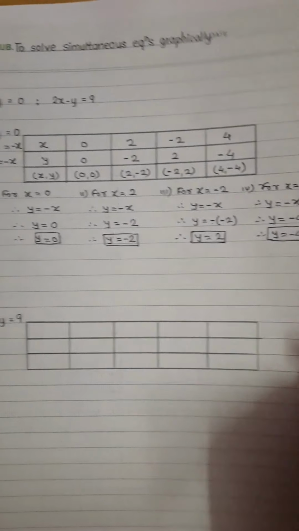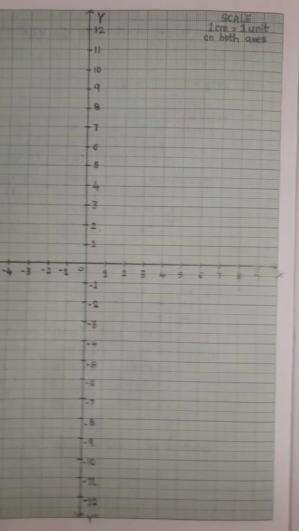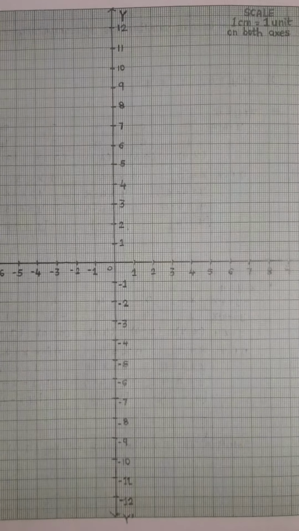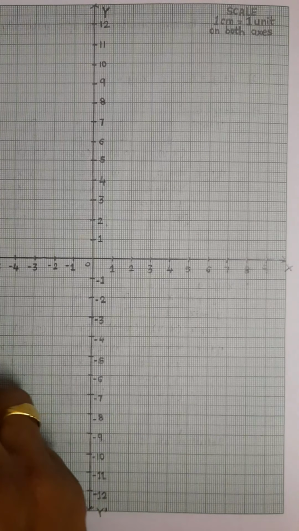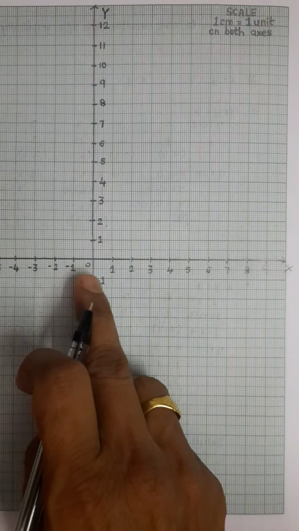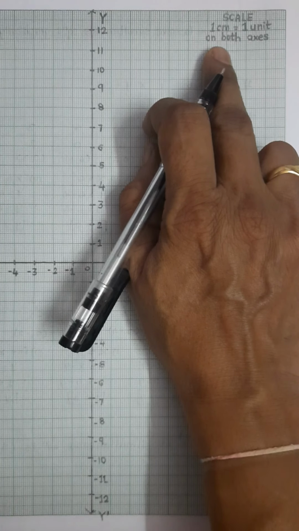a graph paper. I have already drawn a coordinate system, and in that coordinate system we have to plot the graph. As I have already told you, this is x-axis, this is y-axis, point of origin, and here scale. Don't forget to write the scale every time.